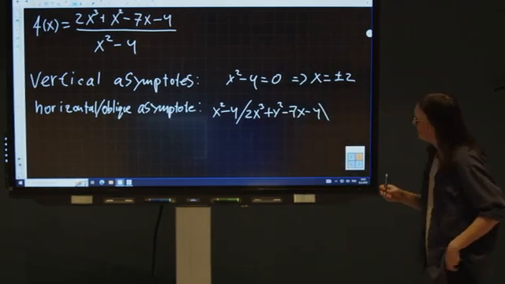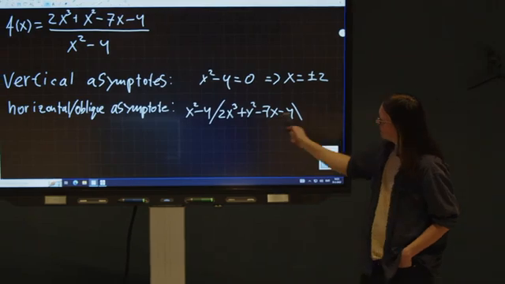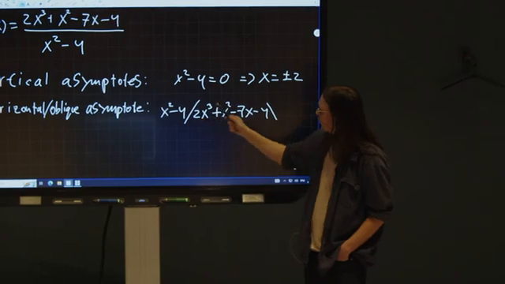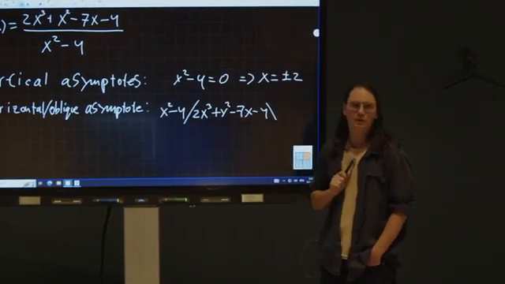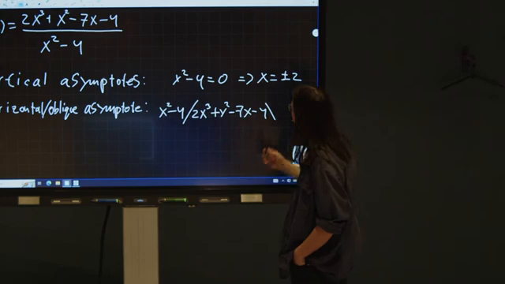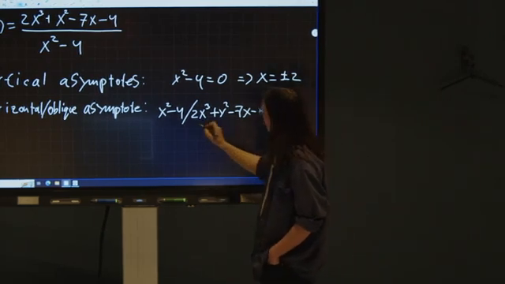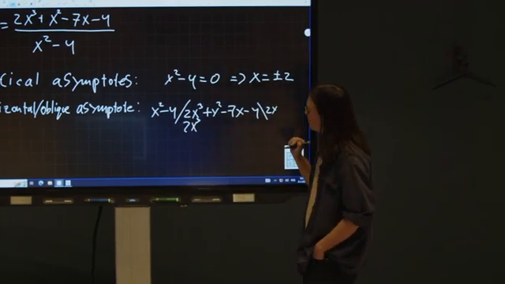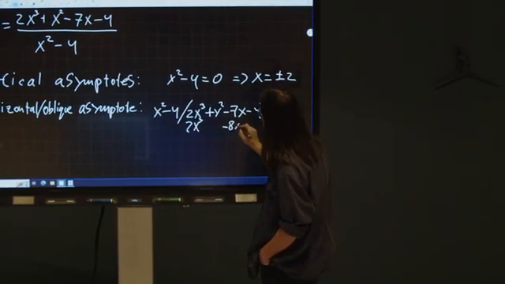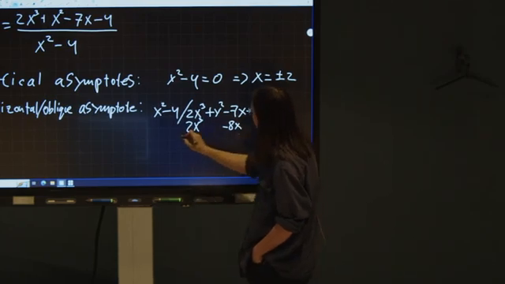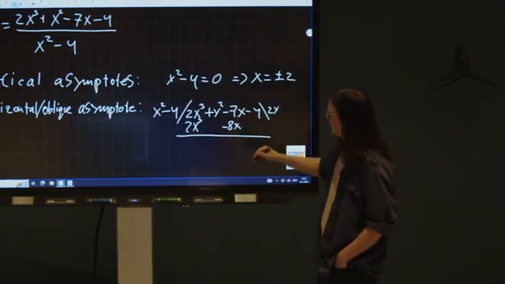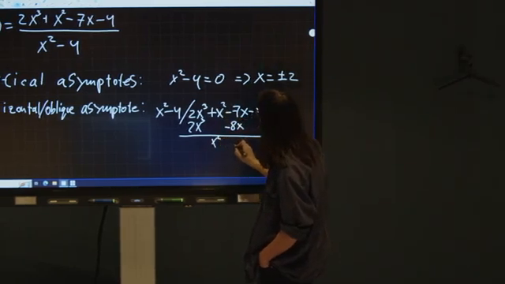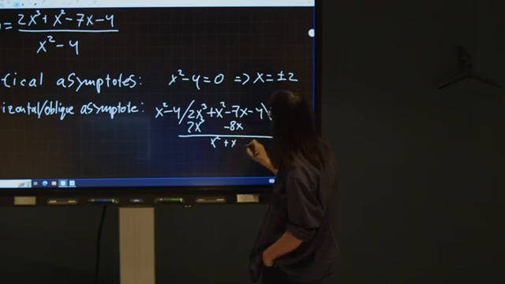All right. So I want to divide this cubic by that quadratic, and I see that the first term is 2x cubed, which means I'll need to multiply by 2x. Then I get 2x cubed there, and then minus 4 times 2x is minus 8x. If I subtract that, I get x squared plus x minus 4.